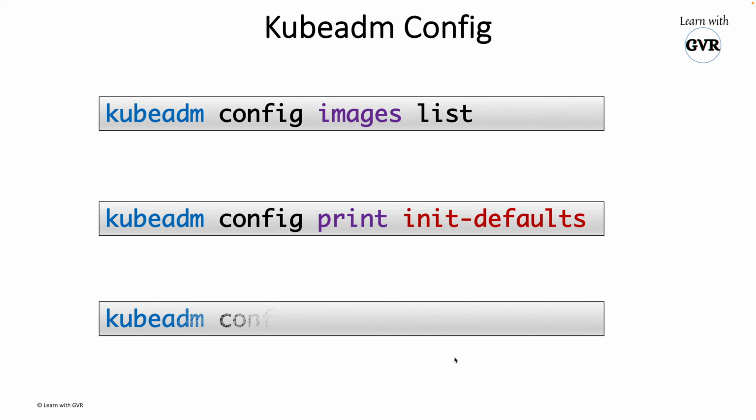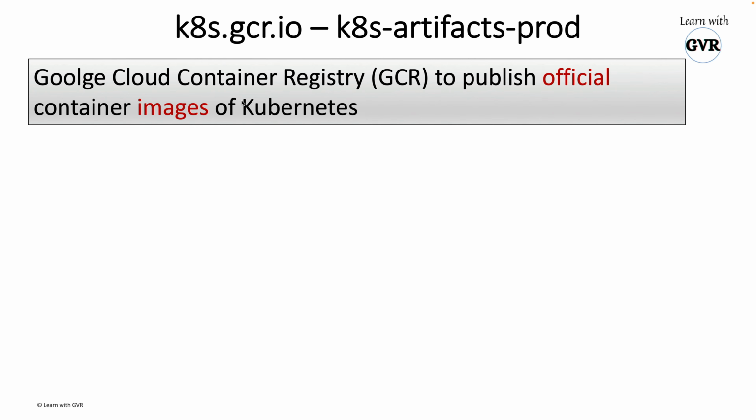That's what it means. Now k8s.gcr.io, this is the old registry, also called k8s-artifacts-prod. This is the registry hosted in GCP, Google Cloud, also called Google Container Registry, the same as ECR, Elastic Container Registry, or Azure Container Registry.